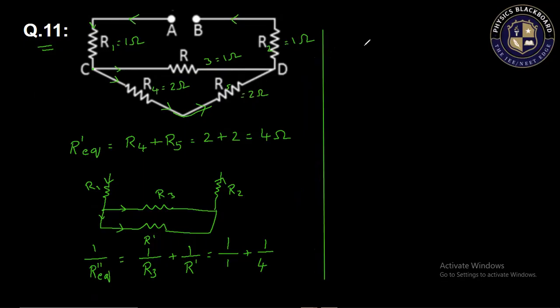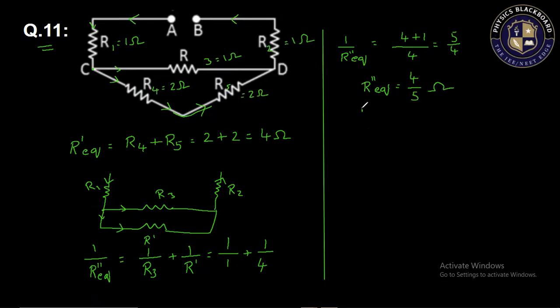So 1 by R double dash equivalent is equal to 4 plus 1, that is 5 by 4 ohms. But we need R double dash equivalent, that is the reciprocal. If you take the reciprocal of that, you will get 4 by 5 ohms.